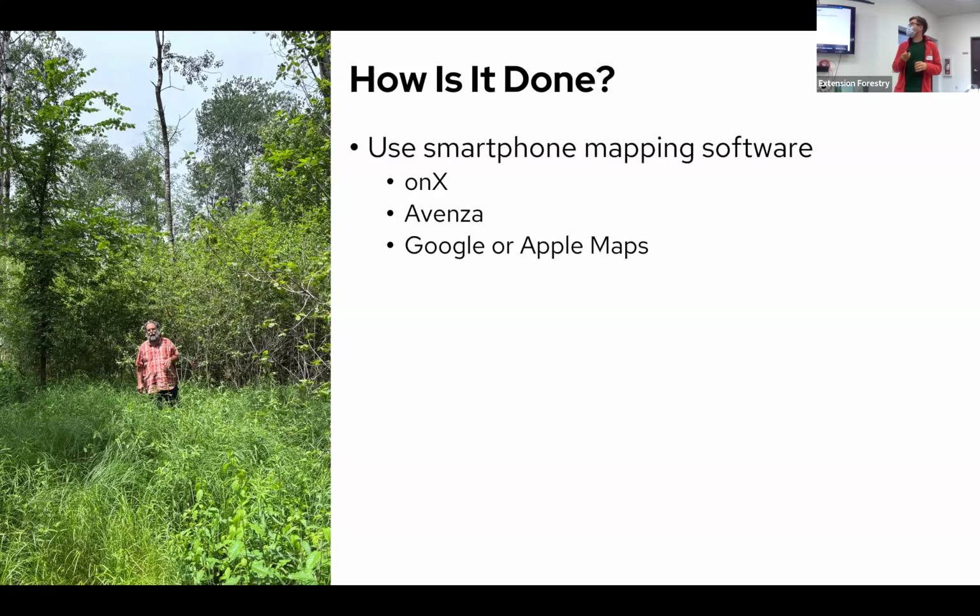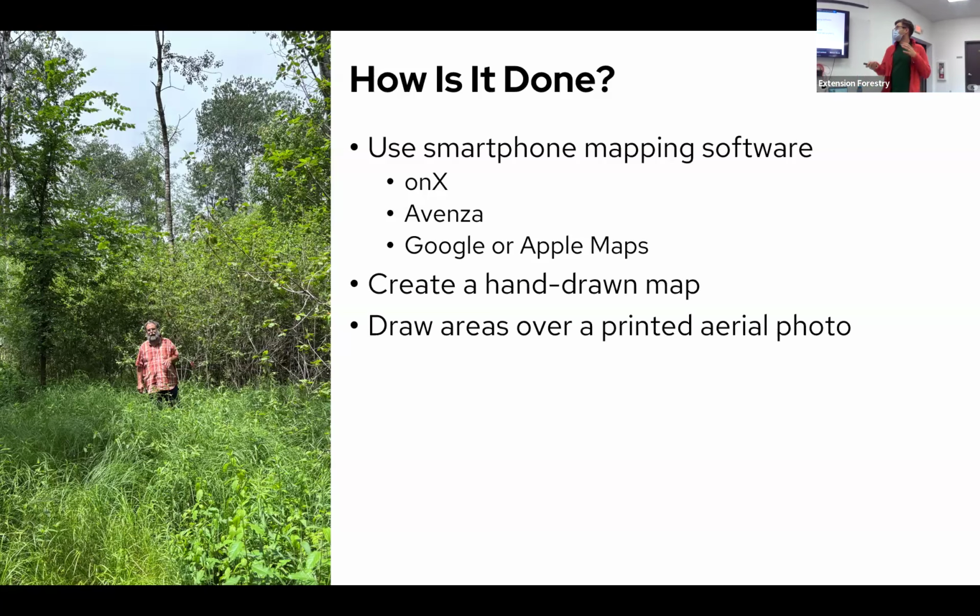So this can be done using smartphone mapping software. We can use Onyx, we can use Avenza, if you've heard of those applications. If we want to go a little bit low tech, maybe we're working in areas that don't have good cell service, or we don't want to use the smartphone, we can also create hand-drawn maps.